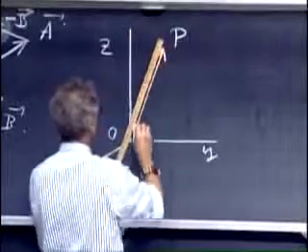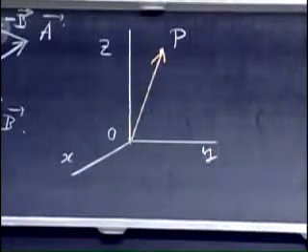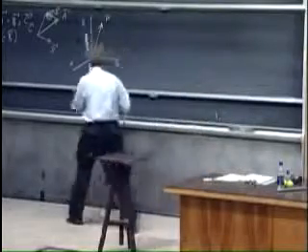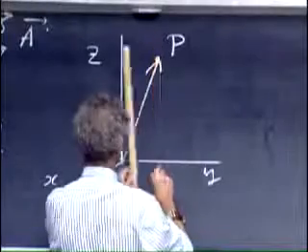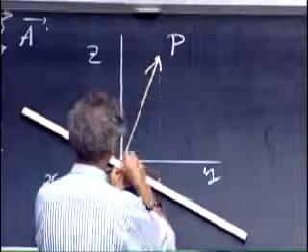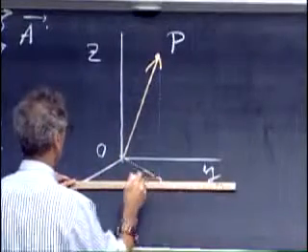That's the vector. And what I do now, I project this vector onto the three axes, x, y, and z. So there we go.